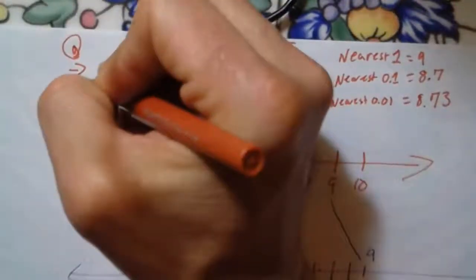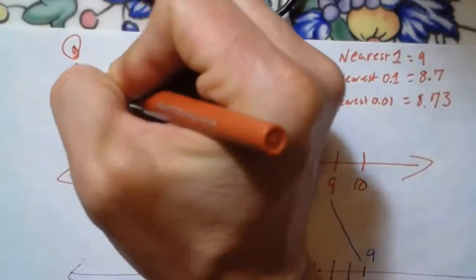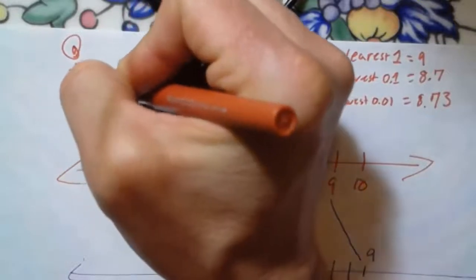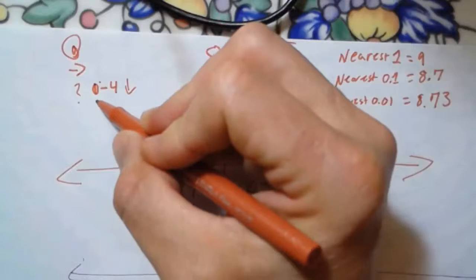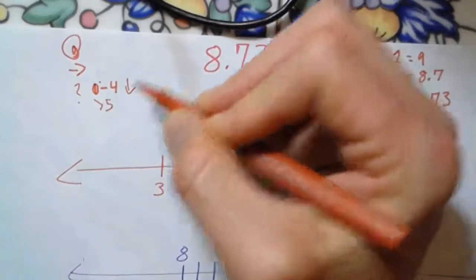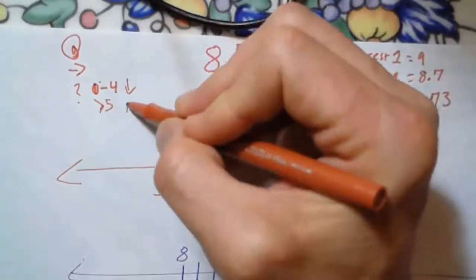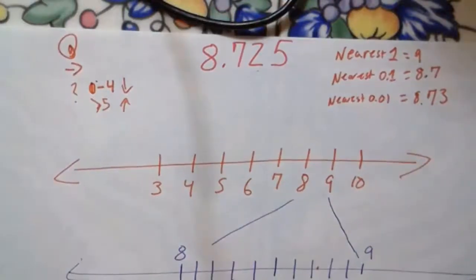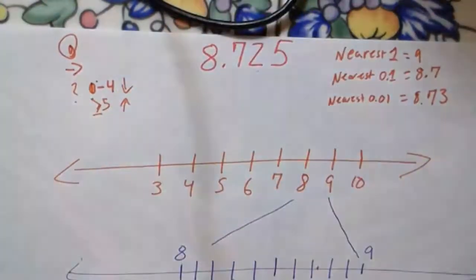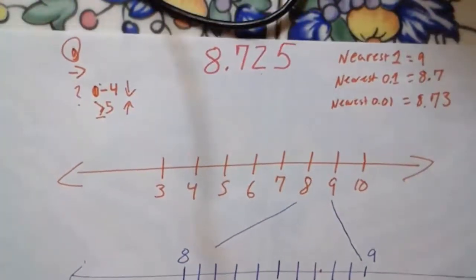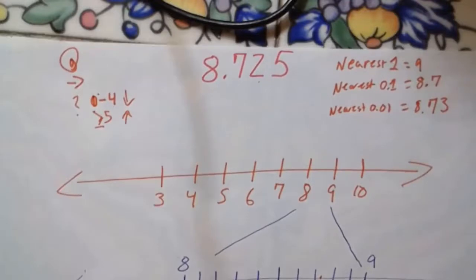If it's 0 to 4, I go down to the floor. And if it's 5 or greater, I go up the ride. It's not just greater than 5; it's greater than or equal to 5, I go up the ride. There you go, so there's a little rhyme to help you remember.